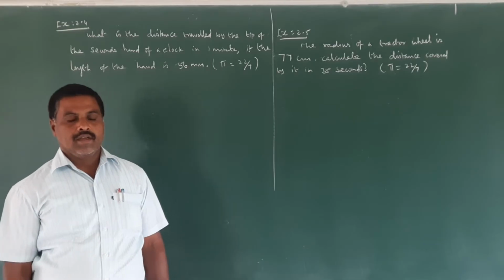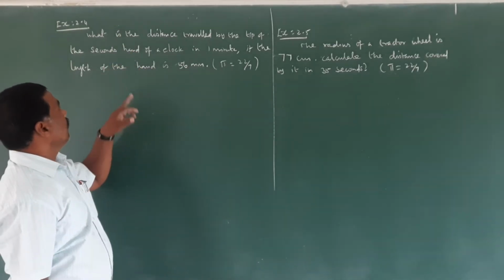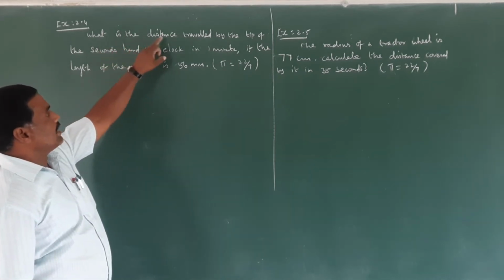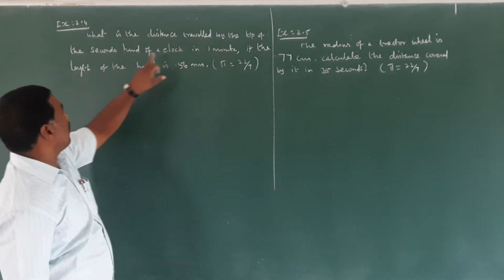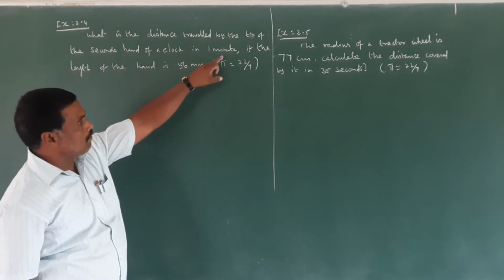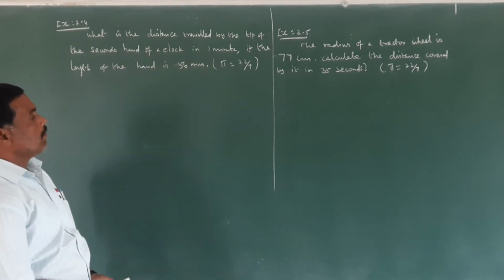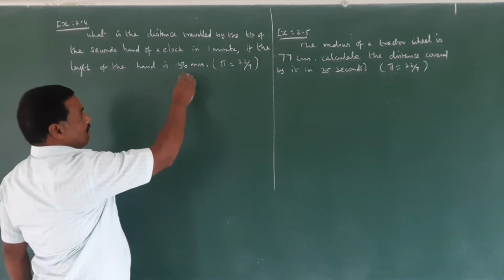Next question, example number 2.4. What is the distance traveled by the tip of the second hand of the clock in 1 minute, if the length of the hand is 56 millimeter?